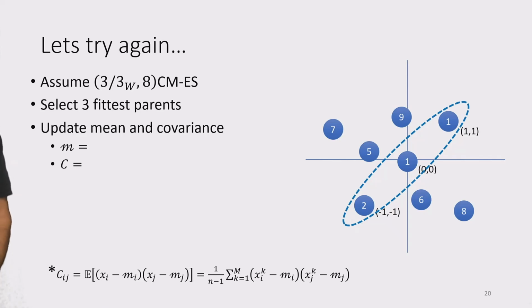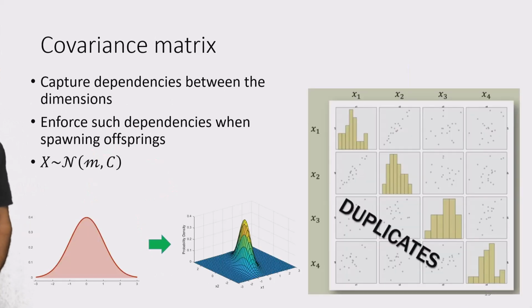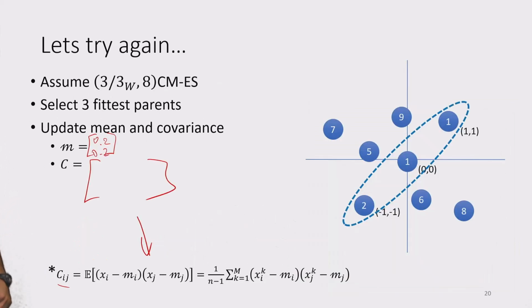As before, we'll set the mean as a vector of 0.2 for each one of our dimensions. But now we're going to populate a covariance matrix following this equation here for each one of the values. And of course, this is symmetric around the diagonal, so you don't have to compute all ij pairs.